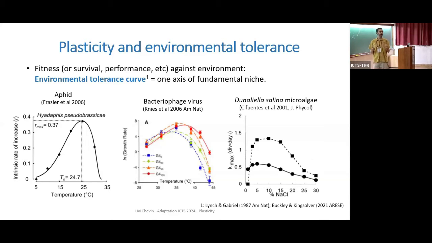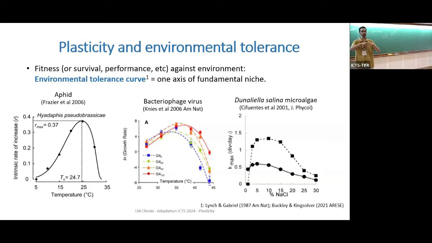It can be thought of as a representation of the fundamental niche, which, the Hutchinsonian niche, is the growth rate of a population against multiple environmental axes. If you slice it against one axis, you get something like that, the growth rate. The range where the population can grow is the fundamental niche, one axis of it.